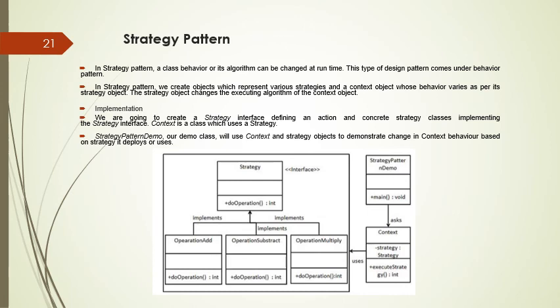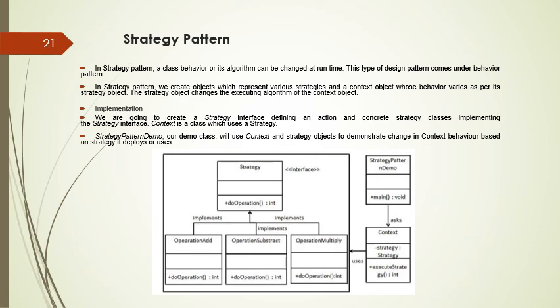Strategy pattern. In strategy pattern, a class behavior or its algorithm can be changed at runtime. We create objects which represent various strategies and a context object whose behavior varies as per its strategy object. The strategy object changes the executing algorithm of the context object.